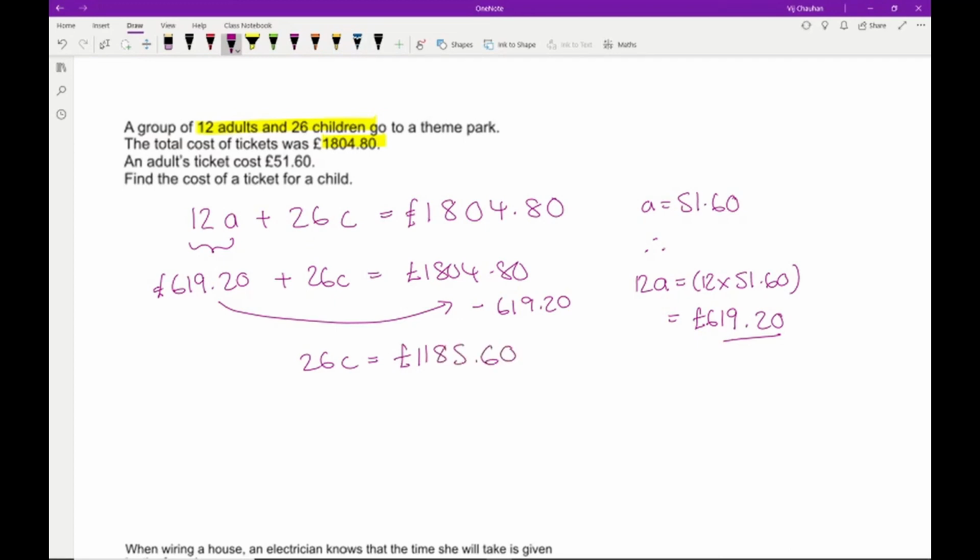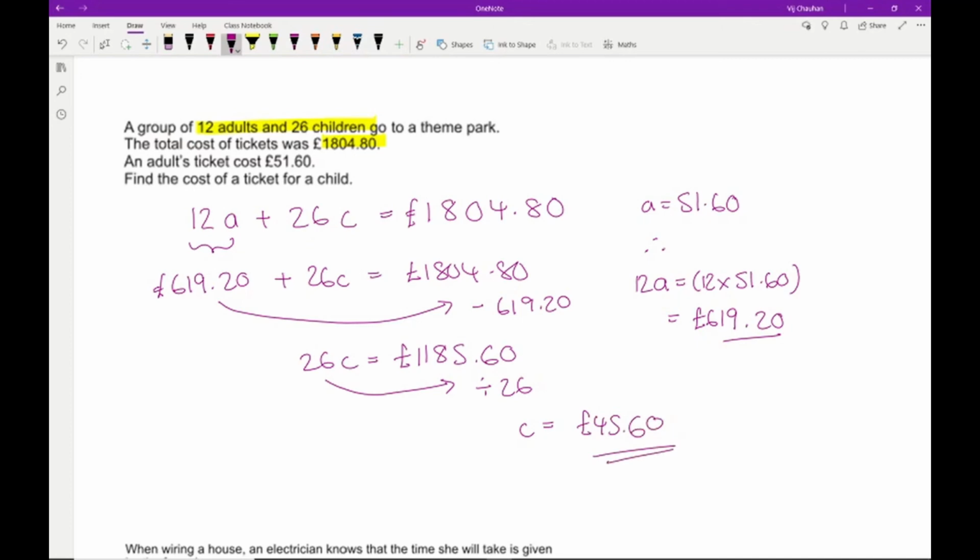Now if 26 children's tickets cost that amount, then what I need to do to work out the price of one is divide that by 26. So if I do 1185.6 divided by 26, I get an answer of £45.60, and there is my final answer.